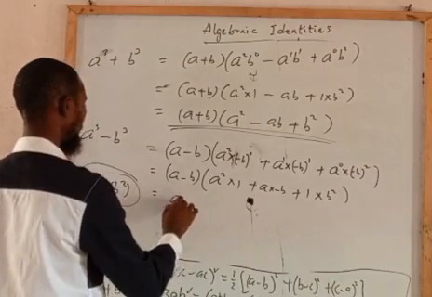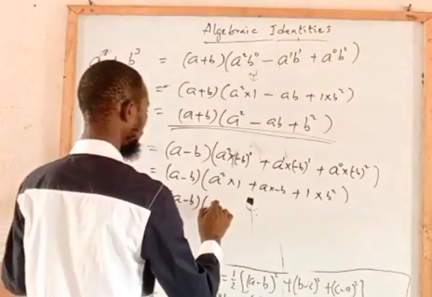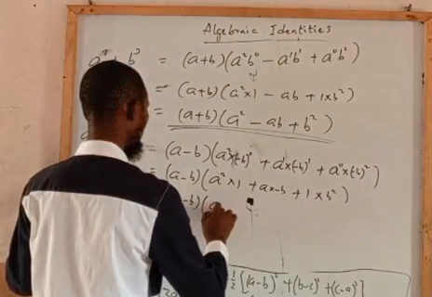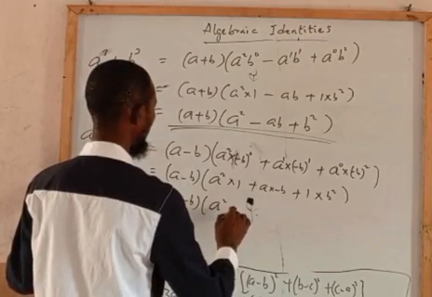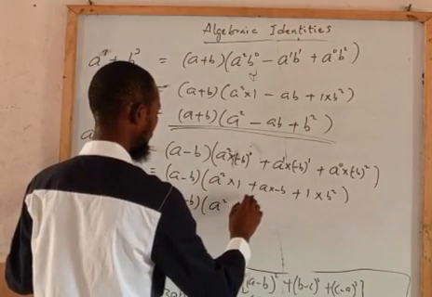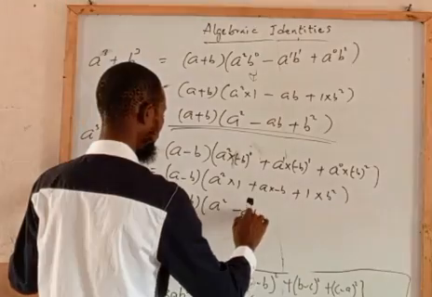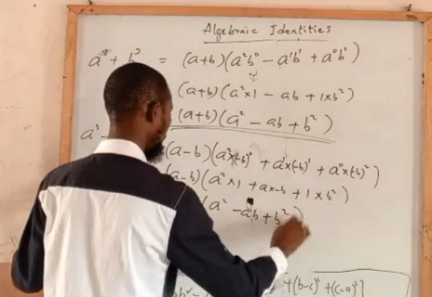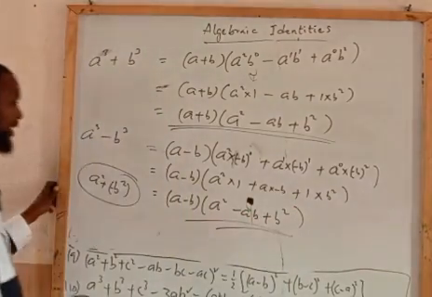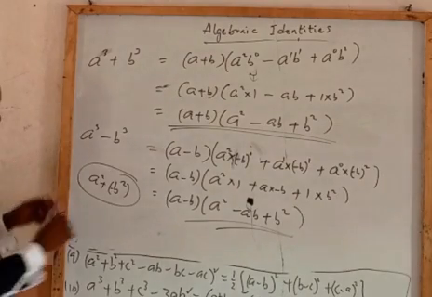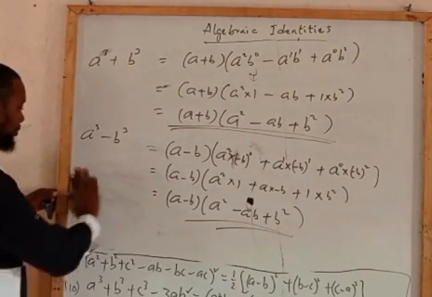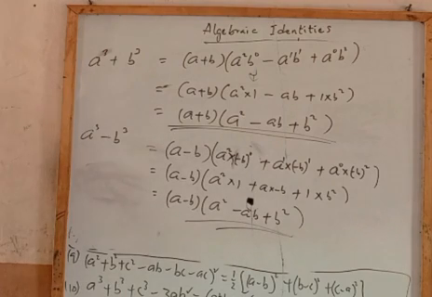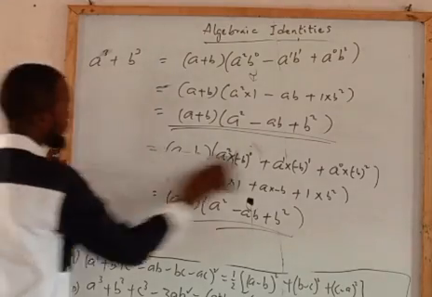A minus B against A squared minus AB plus B squared. So which is the identity for A raised to power 3 minus B raised to power 3. So I will rub the board shortly. All right, so let me quickly rub this now.